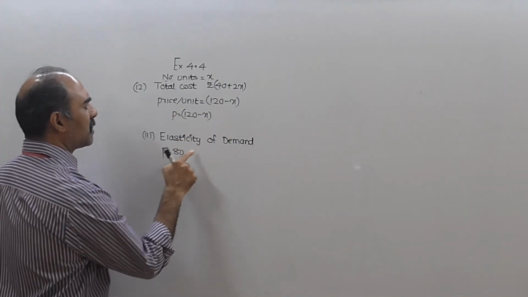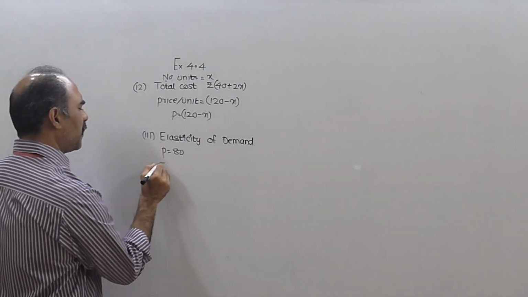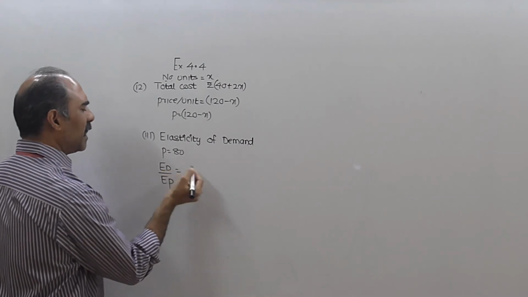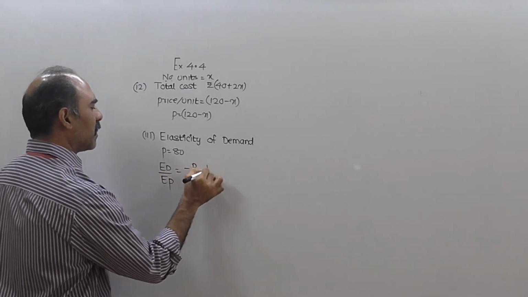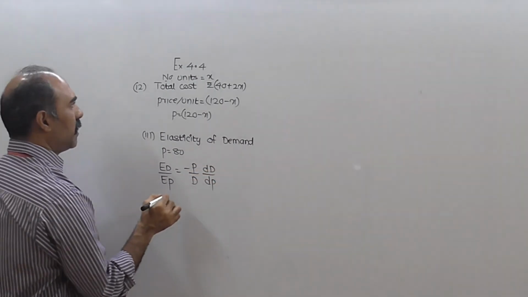Next, you have to find the elasticity of demand when P equals 80. Elasticity of demand is ED upon EP, or eta. It is equal to minus P upon D, dD upon dP. This is the normal formula.